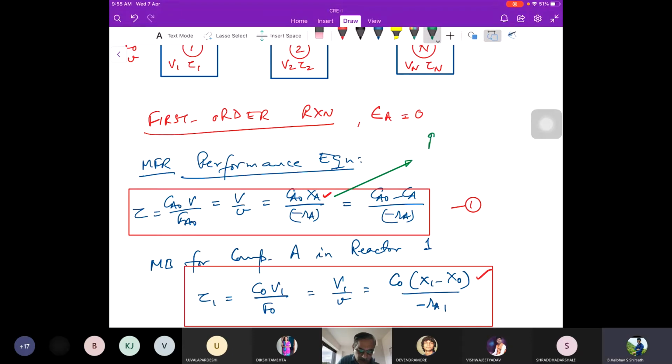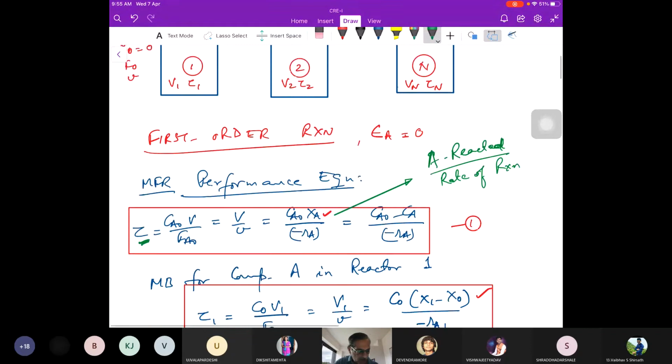So A reacted upon rate of reaction, right? A reacted is in moles per cubic meter or moles per liter, and rate of reaction is moles per liter per hour or per second or per minute. So then you get tau in minutes or seconds or hours, right?